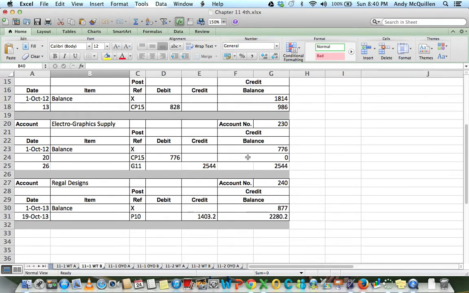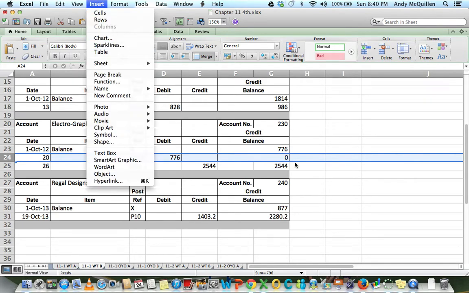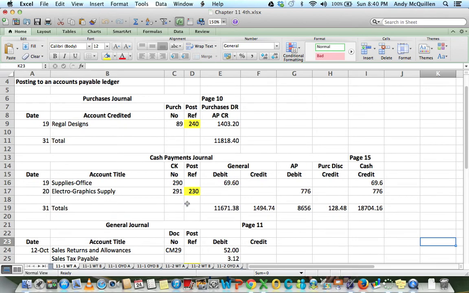Now we will need to add a line here, so I recommend highlighting the 24th, clicking insert, and adding a row. So on the 20th, CP stands for Cash Payments Journal. 15 is the page number. We debit 776. We have a balance of 0. 230 is your post reference.